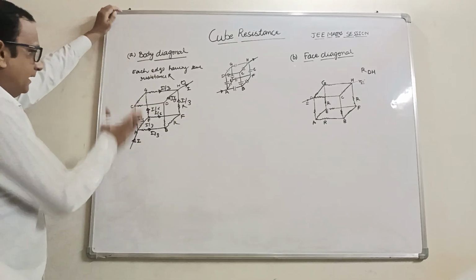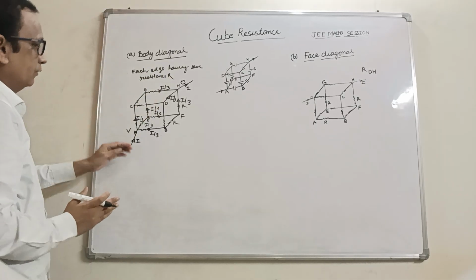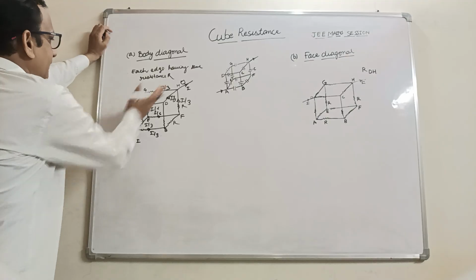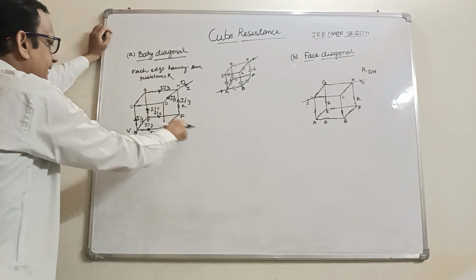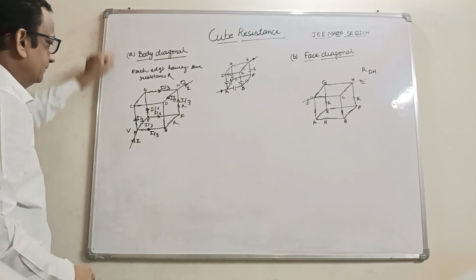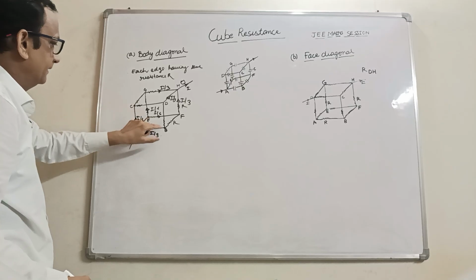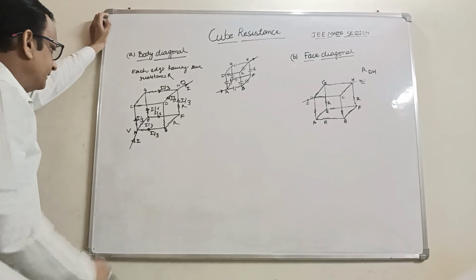If we cut this plane along the diagonal, these points lie on the same equipotential region, and similarly C, E and B lie on the same equipotential surface.